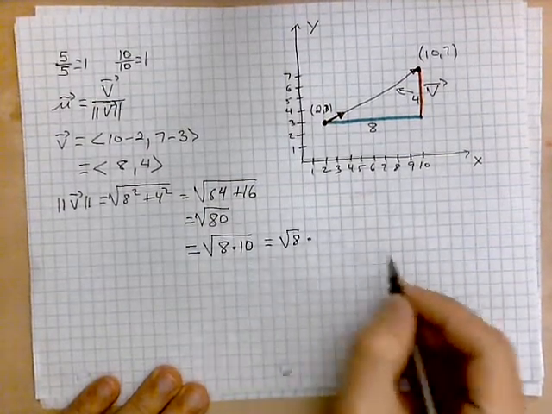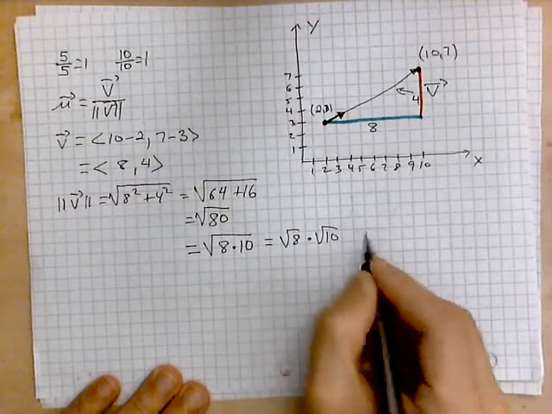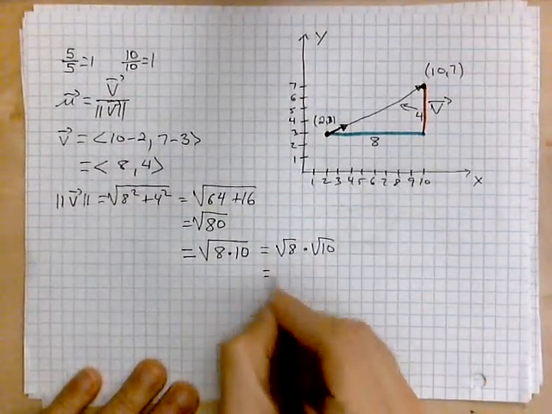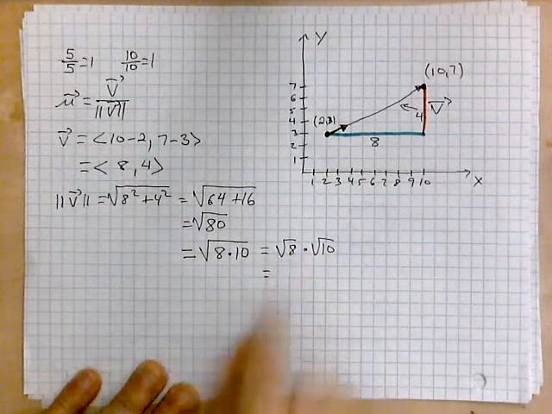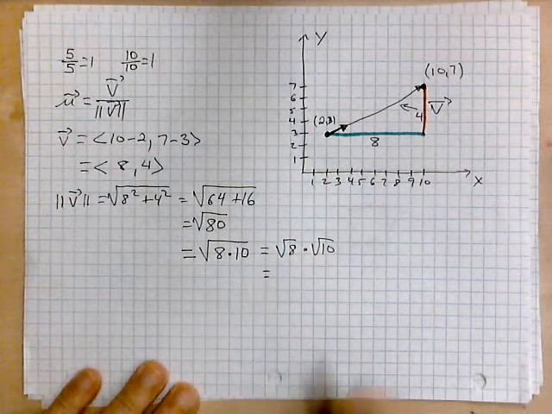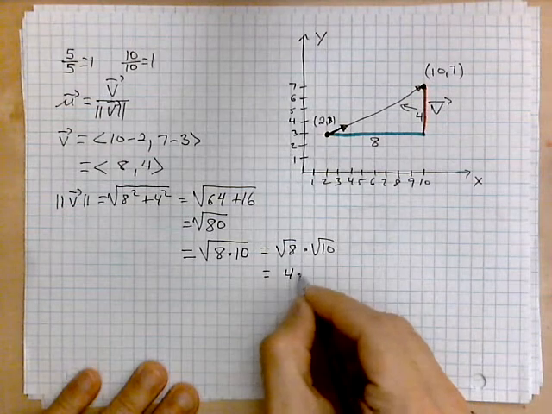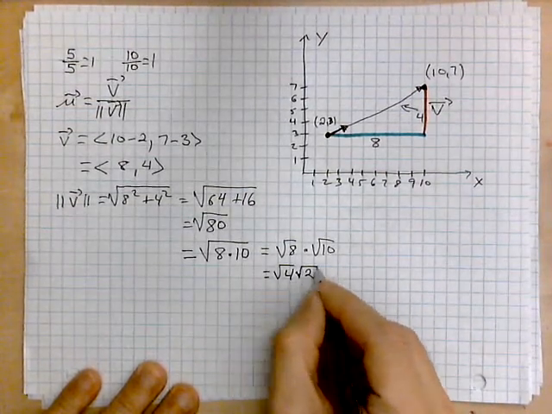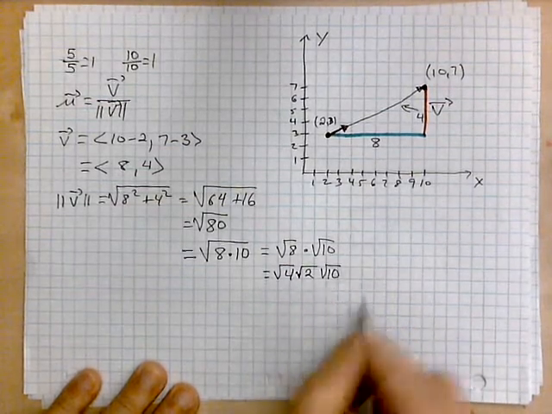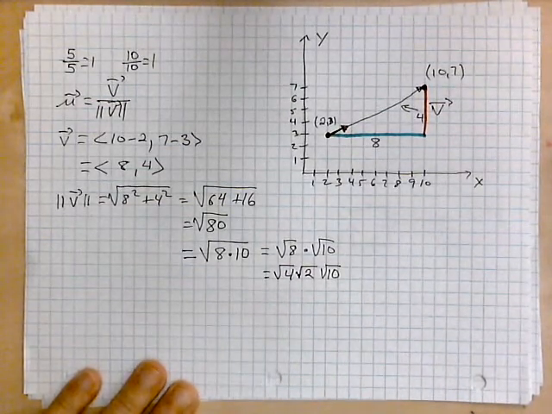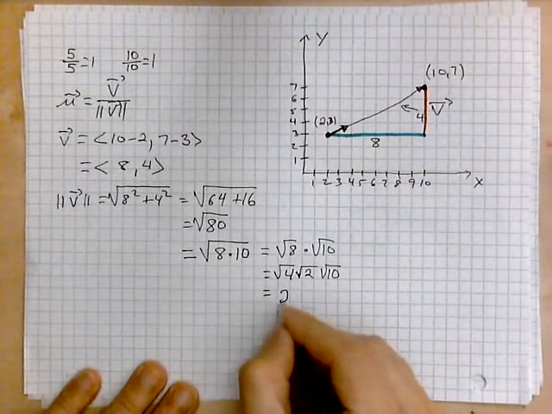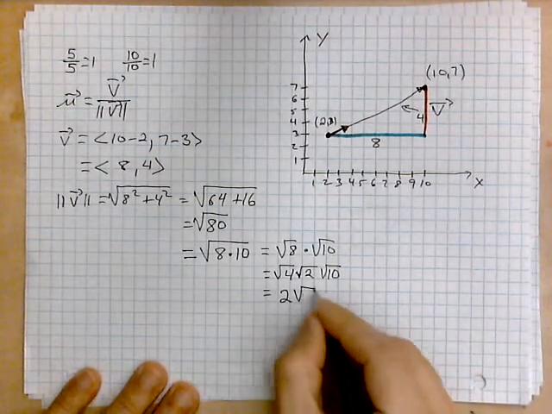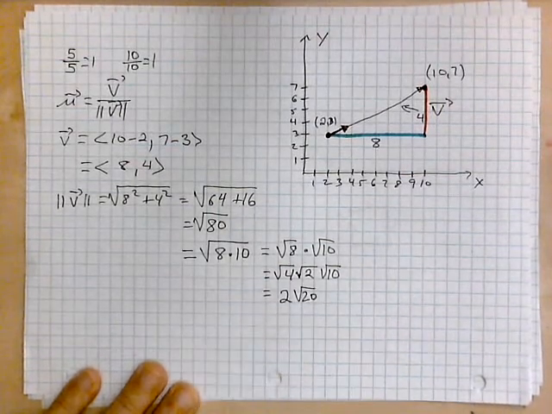So now we have the root of 8 times the root of 10. So we simplify this now as follows. 4 times 2, which means what we have is 2 times the root of 20.